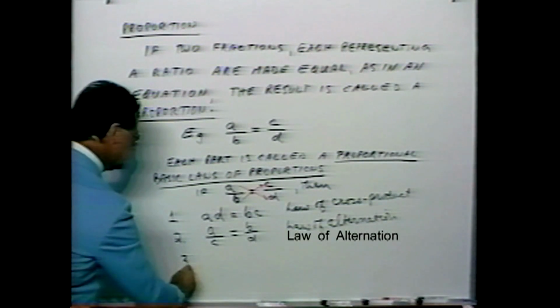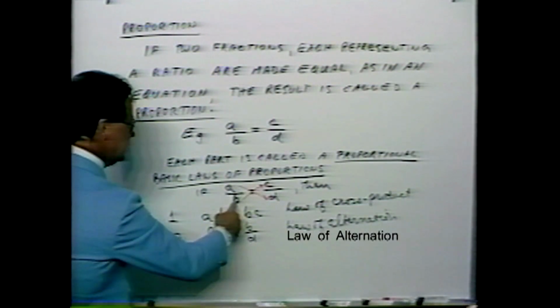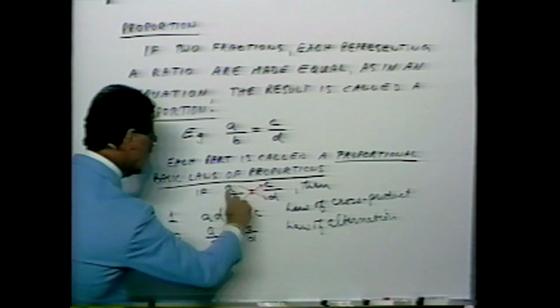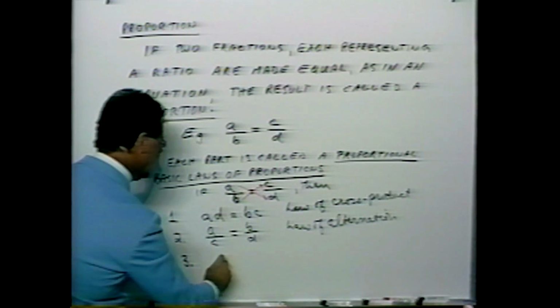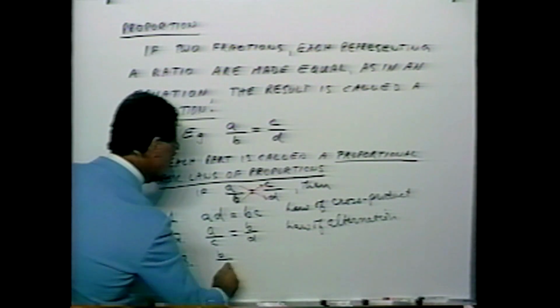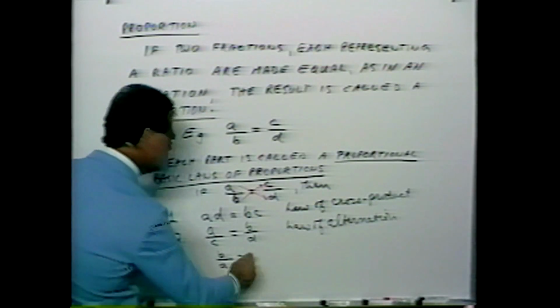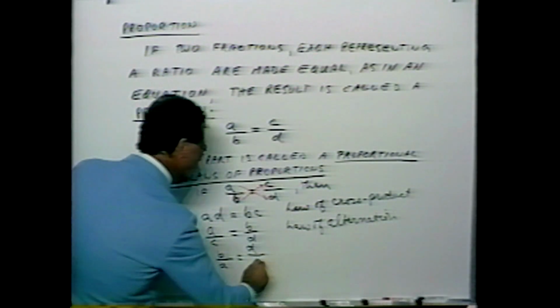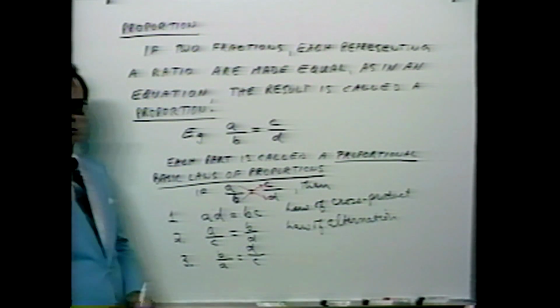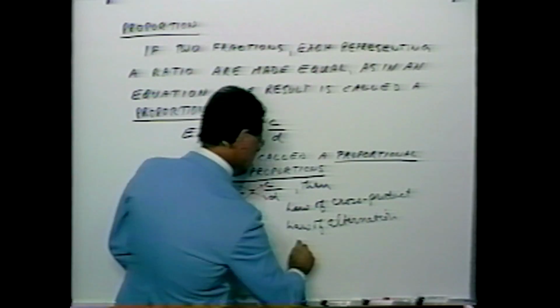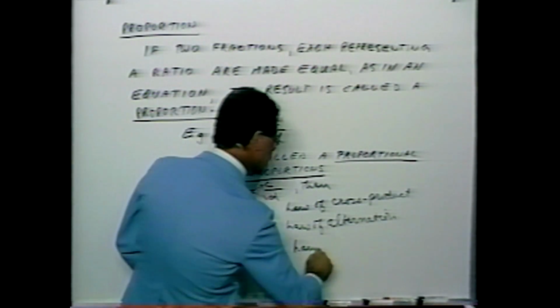And 3, if A over B equals C over D, then by taking the reciprocal of A over B and writing B over A, followed by the reciprocal of C over D and writing D over C, then this is also a true statement and is called the inverse law, or the law of inversion.